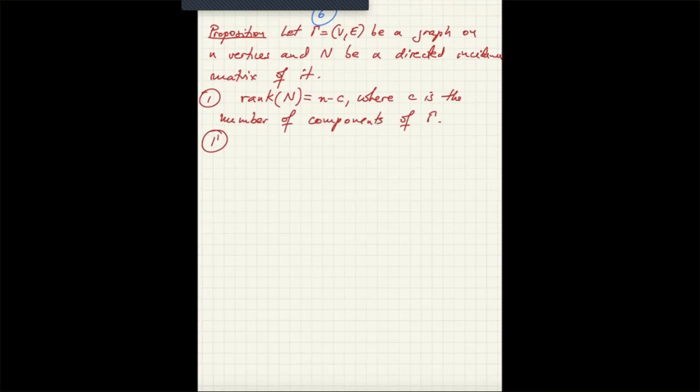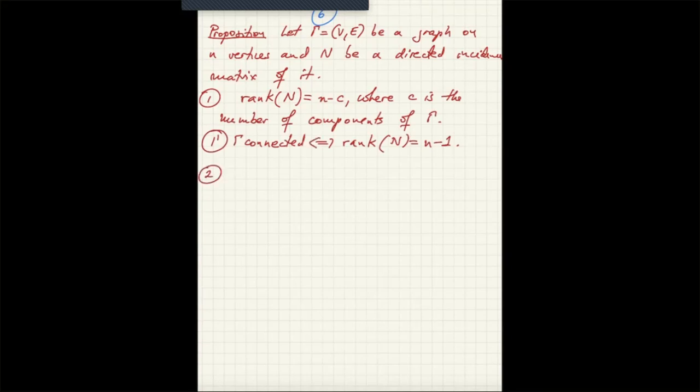So in particular, let's put it as 1 prime. The immediate consequence is that gamma connected implies that the rank of N equals n minus 1. And it's actually, okay, it's an if and only if situation.